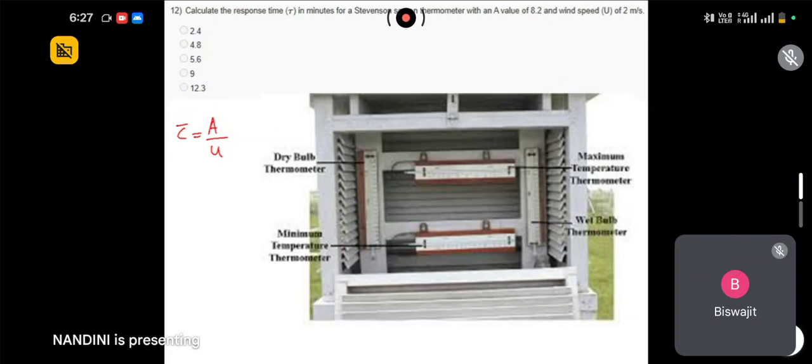A is a constant value, which is given as 8.2, and the wind speed is given as 2 meter per second.